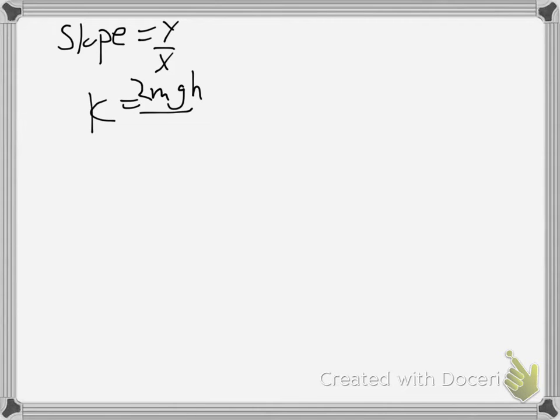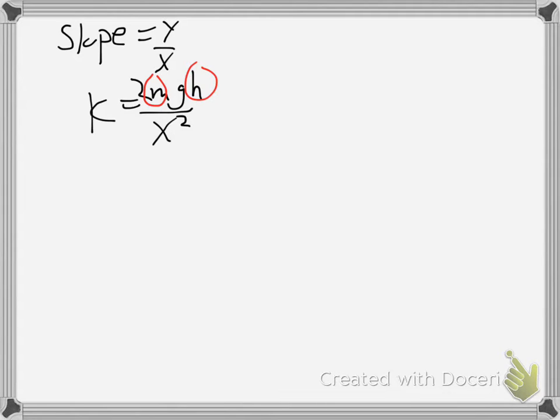Okay, so remember that slope is y over x, so change in y over change in x, right? And if this is 2mgh over x squared, we're going to have to rearrange this so that one of these is on the top, one of these is on the bottom. So you have two options.